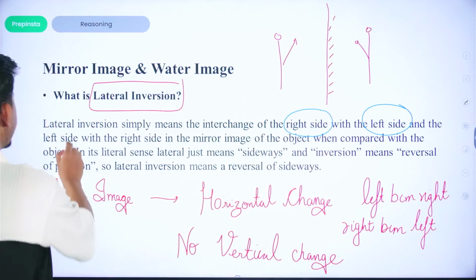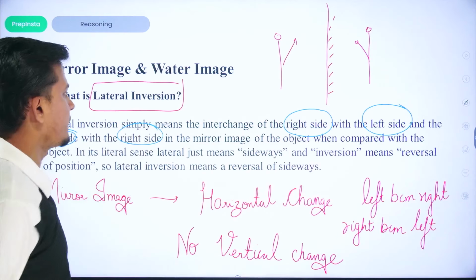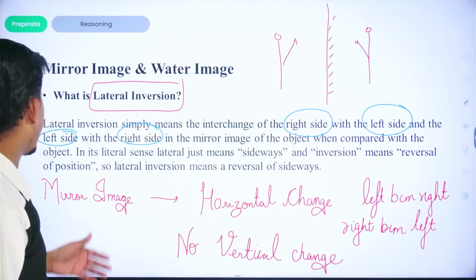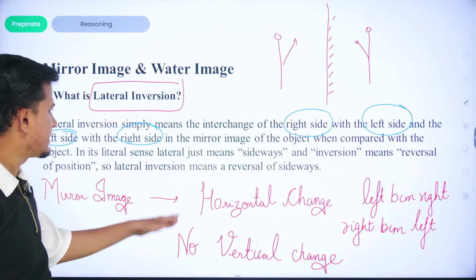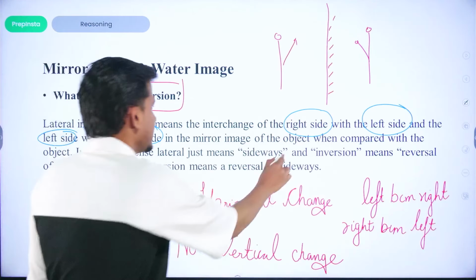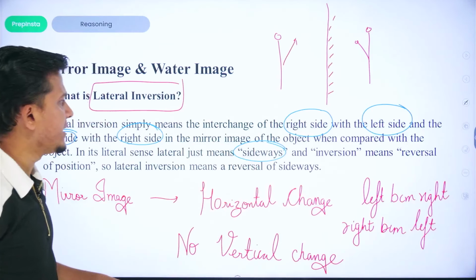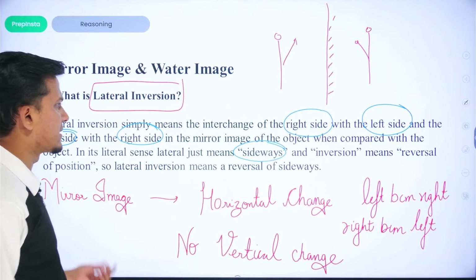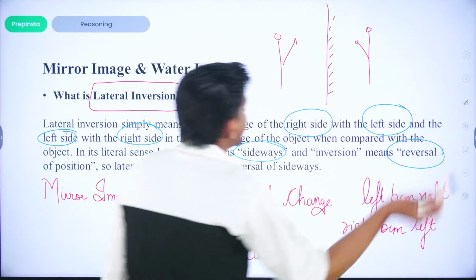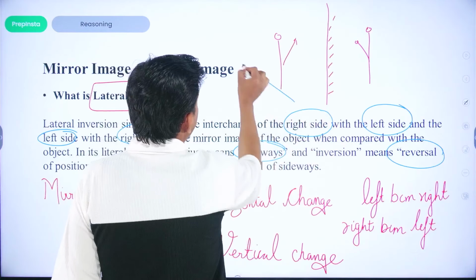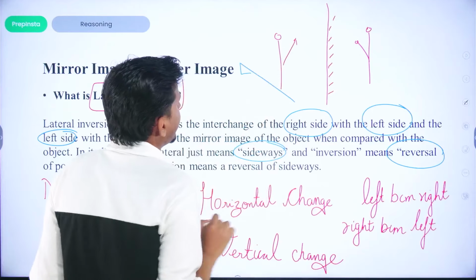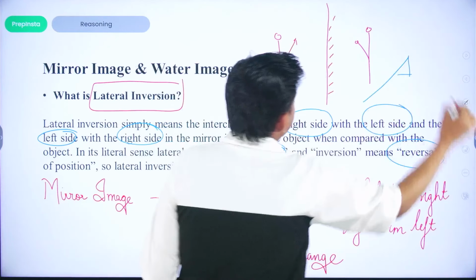The left hand side and the right hand side in the mirror image of the object get interchanged when compared with the object. In its literal sense, lateral just means sideways, okay? So the sideways change we have to witness, and inversion means reversal of position, right? Suppose there is an alignment here which tends to be like this, so the image would be like this.